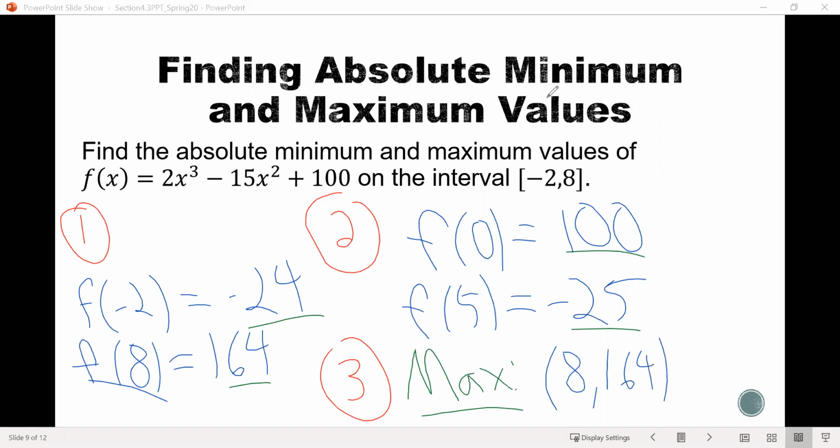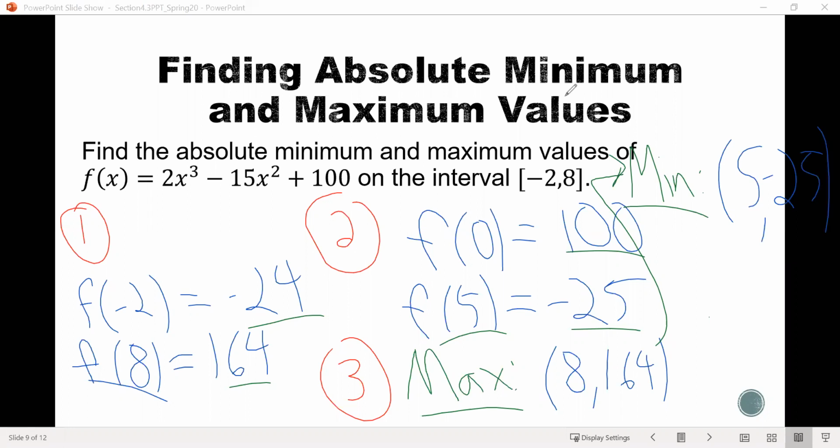And the min value we end up with looks like that is this one here, right? When we input 5 and get an output of negative 25. Let me put a min. And that's going to be 5, negative 25.